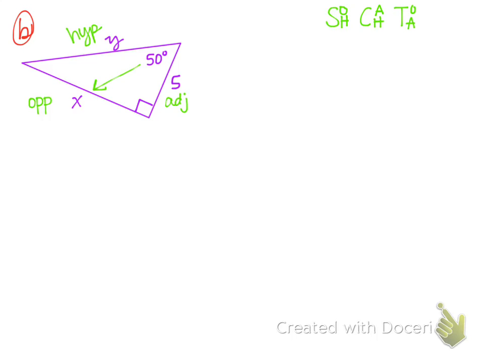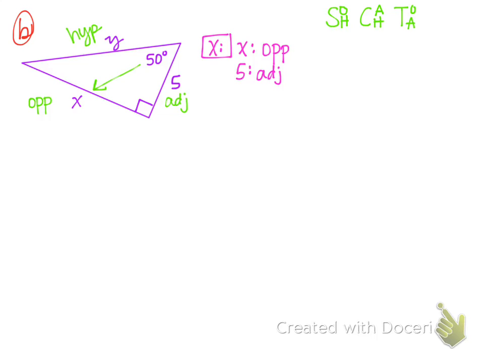Okay, so let's find x first. We've got to take our unknown and what we're given. We're given 5 this time. So our unknown x is opposite, and what's given to us is 5, which is adjacent.